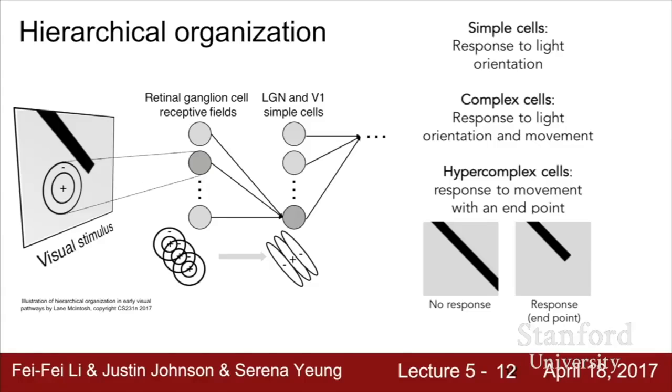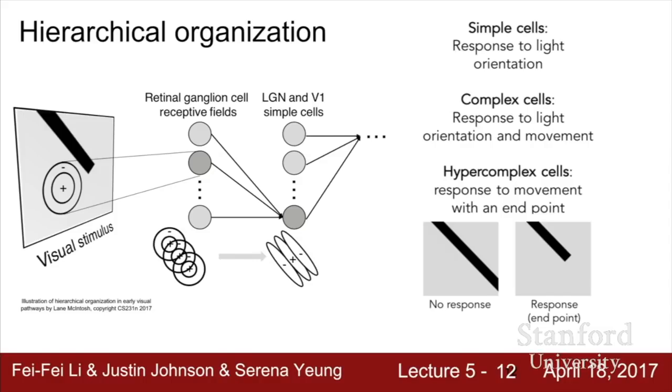And so they also discovered that these neurons had a hierarchical organization. If we look at different types of visual stimuli, they were able to find that at the earliest layers, retinal ganglion cells were responsive to things that looked like circular regions of spots. And then on top of that, there are simple cells. And these simple cells are responsive to oriented edges, so different orientations of the light stimulus.